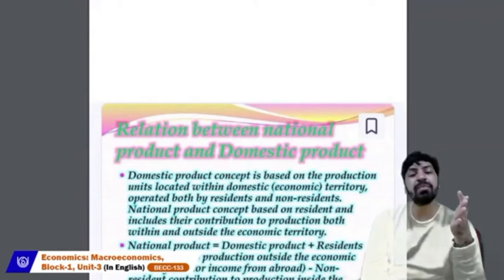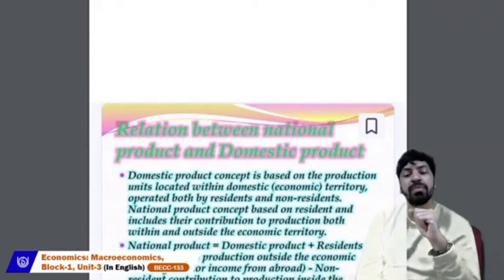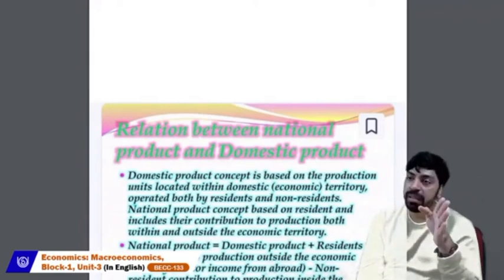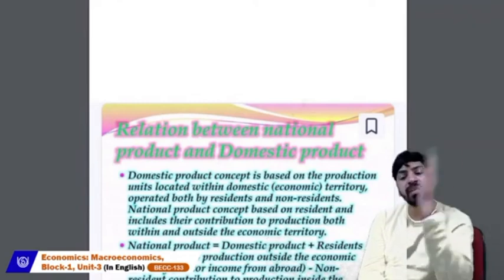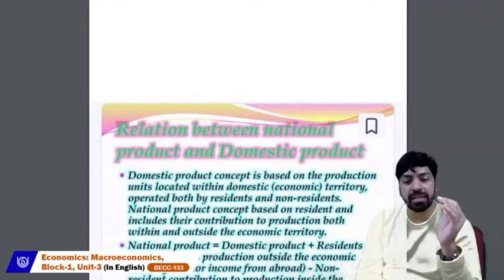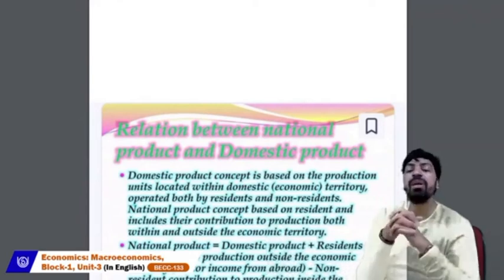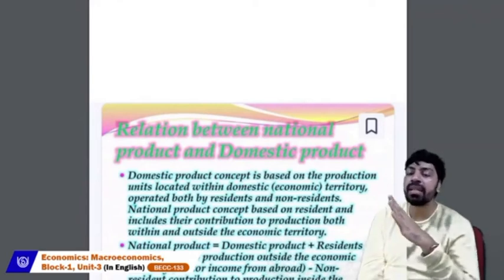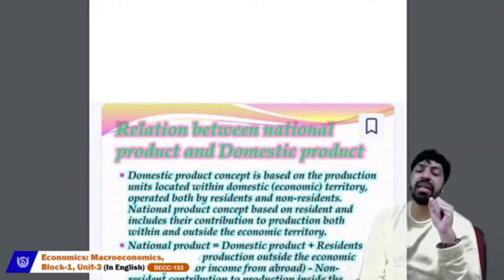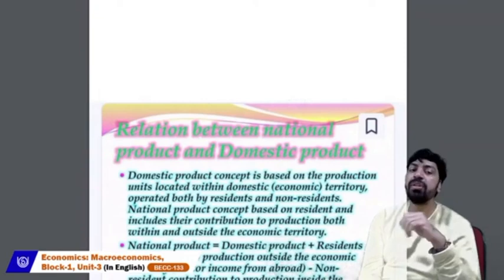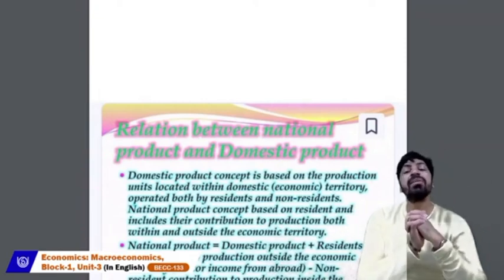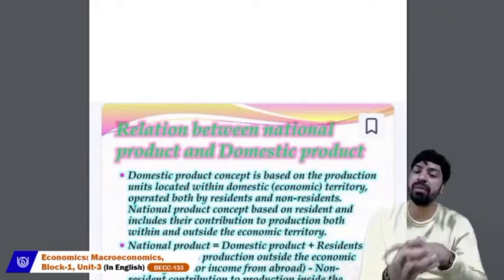The domestic product will always be included in the national product, along with whatever the residents contribute outside the domestic territory, and the contribution of non-residents to production inside the domestic territory will be deducted. This is the relationship between the national product and the domestic product.